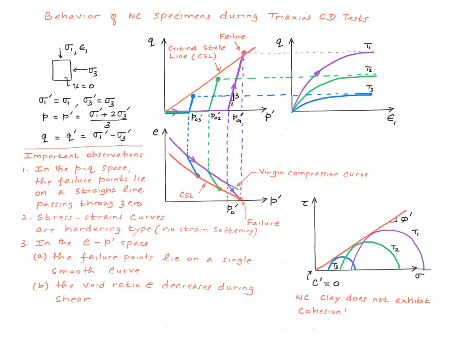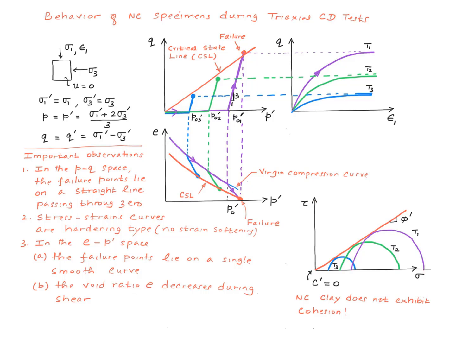Is there a connection between the failure line in the PQ space and the failure line in the Mohr-Coulomb space? The answer is yes. You can actually prove that if the failure line in the PQ space passes through 0, the failure line in the tau sigma space is also going to pass through 0.